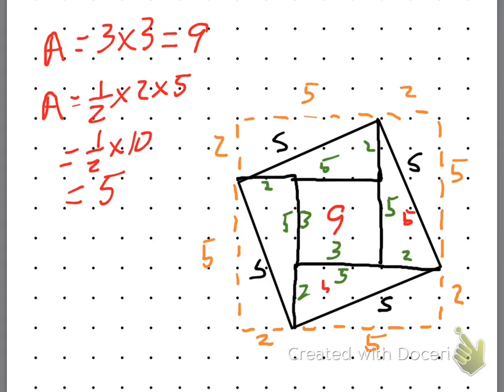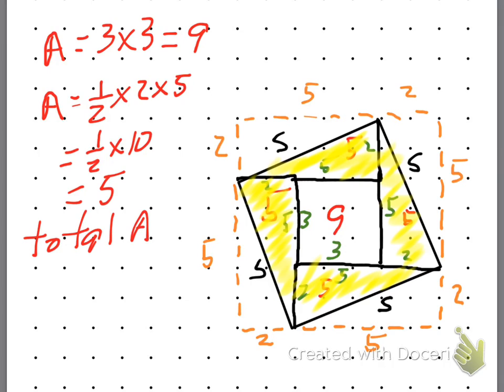Half of 10 is 5. And so I know each of those right triangles has area 5. And so when I total it up, I have 4 of those 5s. So the total area is 4 of those 5s, so 4 times 5, plus I also have to include the area of that inside square, which is 9.